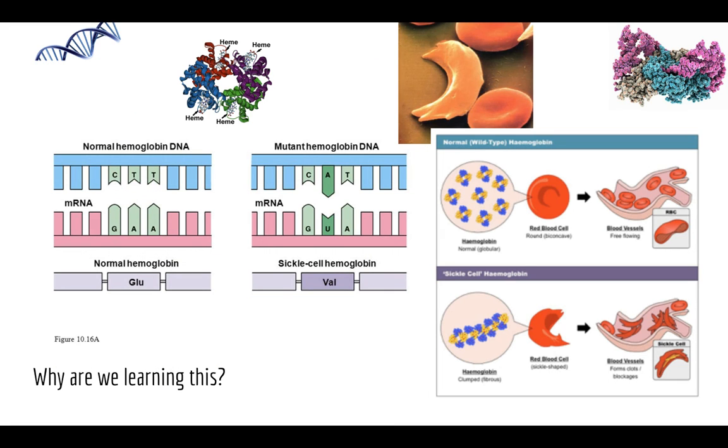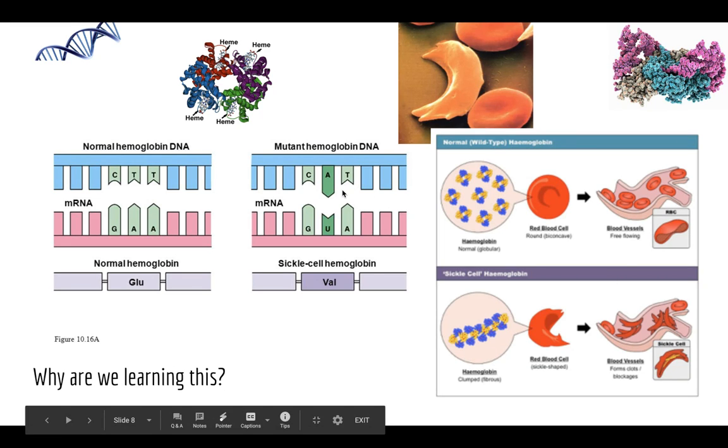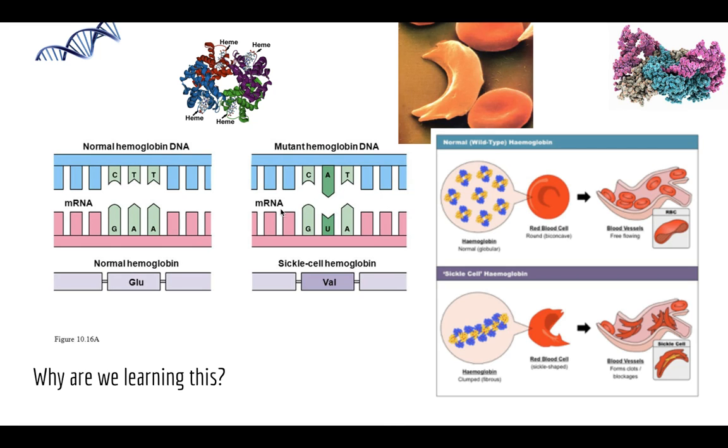Okay, so it's important to remember, why are we learning this? Well, hemoglobin is a protein. Therefore, there is a gene for hemoglobin. And in this genetic disease, there's one single nucleotide within the sequence for hemoglobin that has been mutated. And that causes one amino acid within the protein to change.